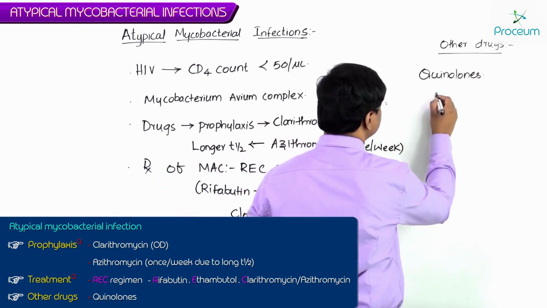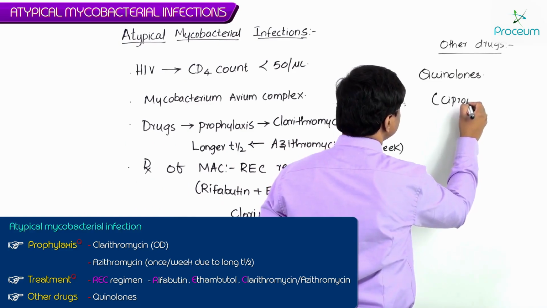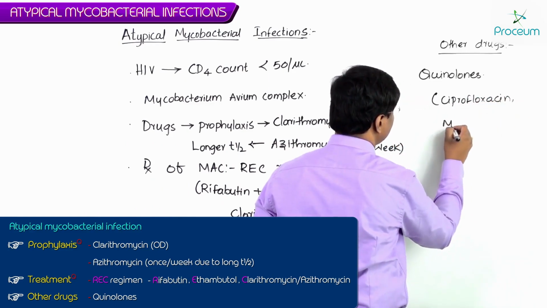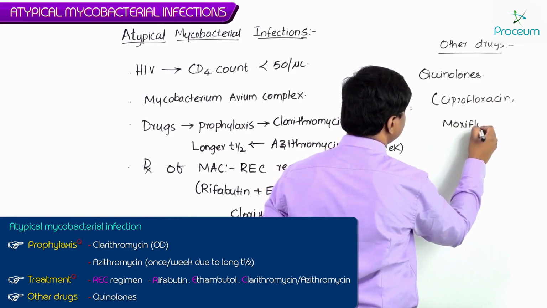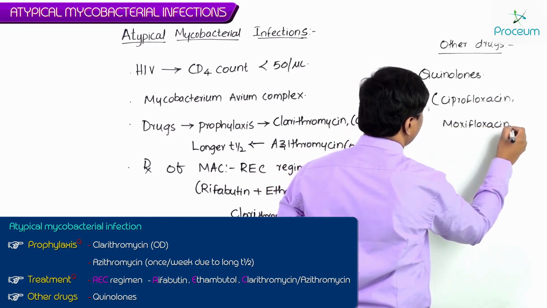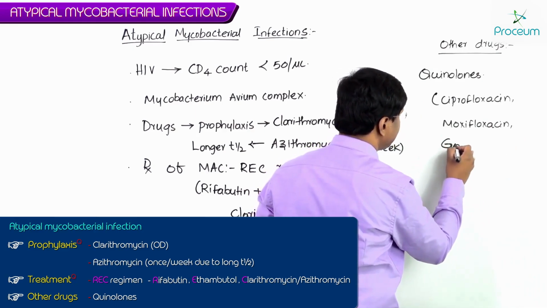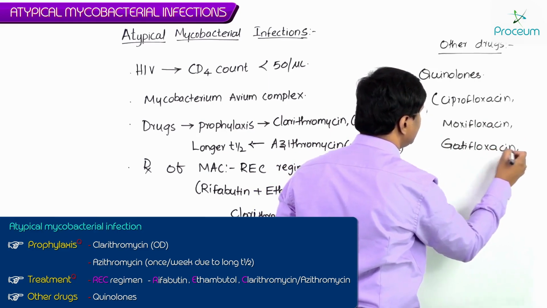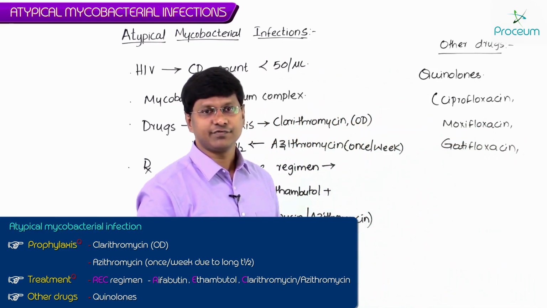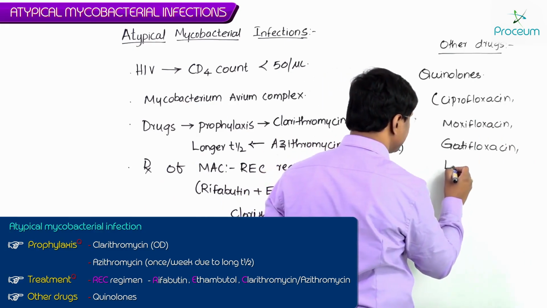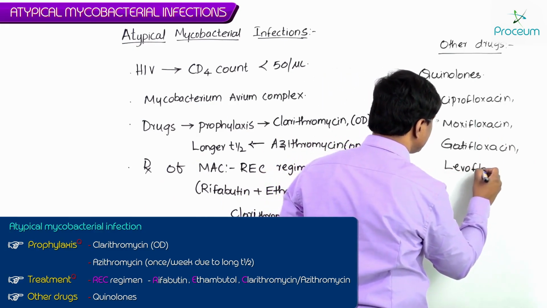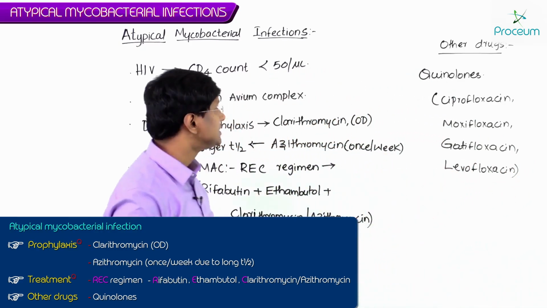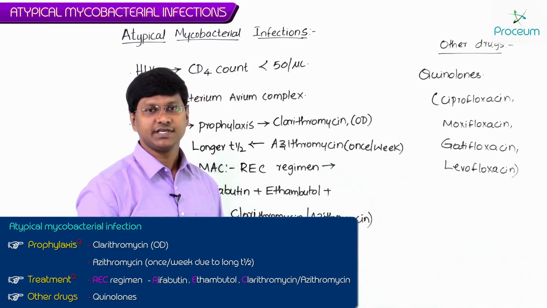They include ciprofloxacin, moxifloxacin, gatifloxacin, which is completely removed from India now, and levofloxacin. So these are the quinolones which are effective against Mycobacterium avium complex infection.